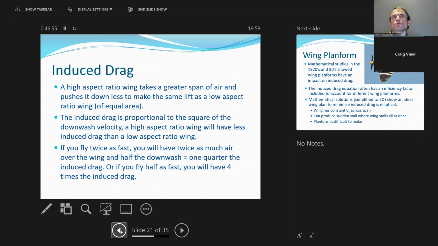But it's proportional to the chord, which makes a bit of sense then. If we're pushing the air down, it gets pushed down by about 3 or 4 chords. So if you get within 3 or 4 chord distances of the ground, something funny happens. That downwash starts to hit the ground and the wingtip vortices break up prematurely. And that's what's called ground effect.